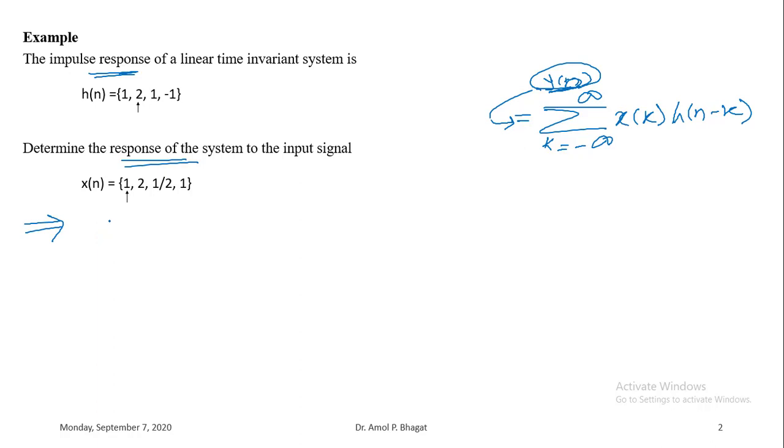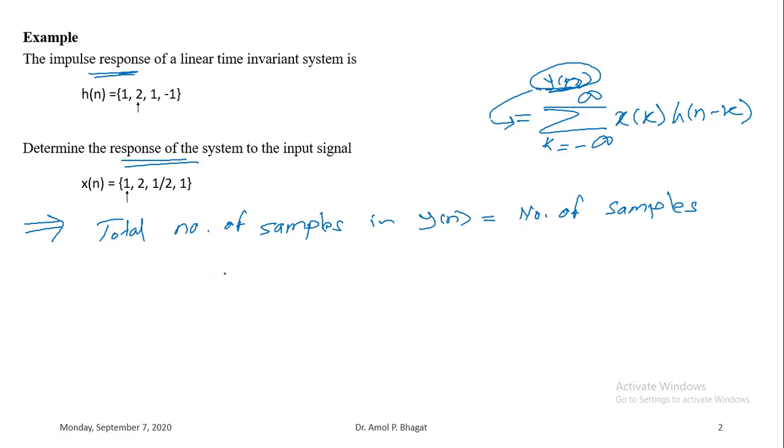So how will the total number of samples in y of n be identified? The total number of samples in y of n will be equal to the number of samples in x of n plus the number of samples in h of n minus 1.